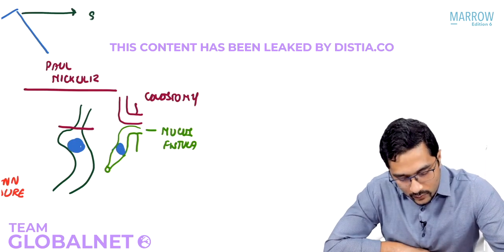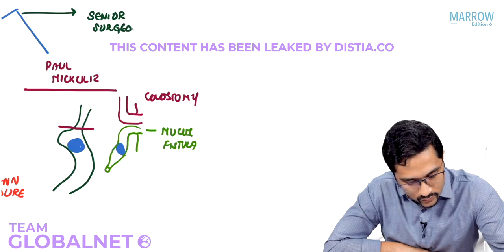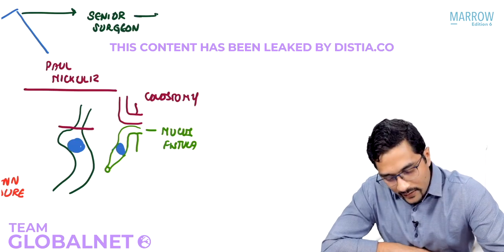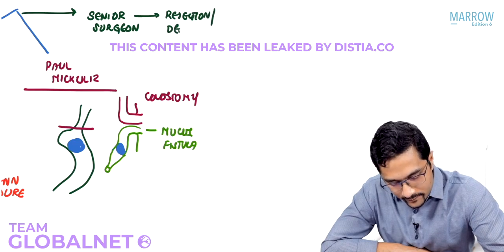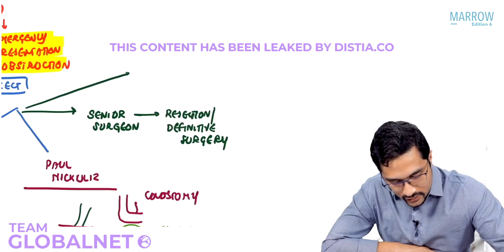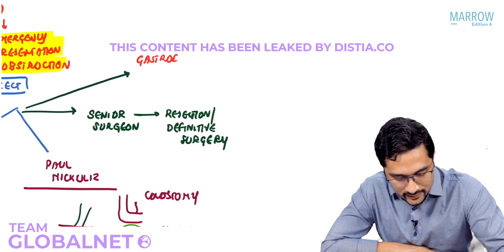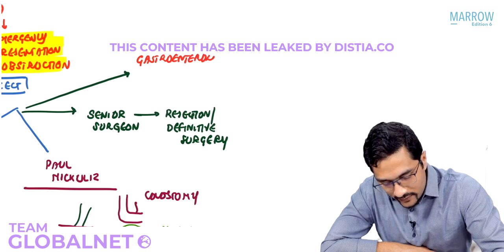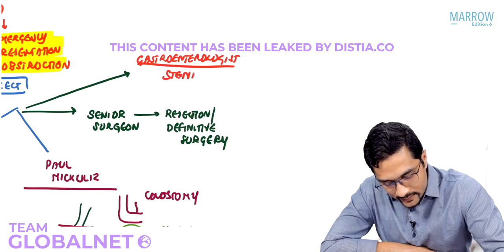Now supposing you have a senior surgeon, when the patient comes to the emergency, they can even carry out a resection or a definitive surgery. A definitive surgery can also be performed depending on the expertise of the surgeon. But nowadays another thing which is being done, if there is a gastroenterologist who is present there, they are putting stents.